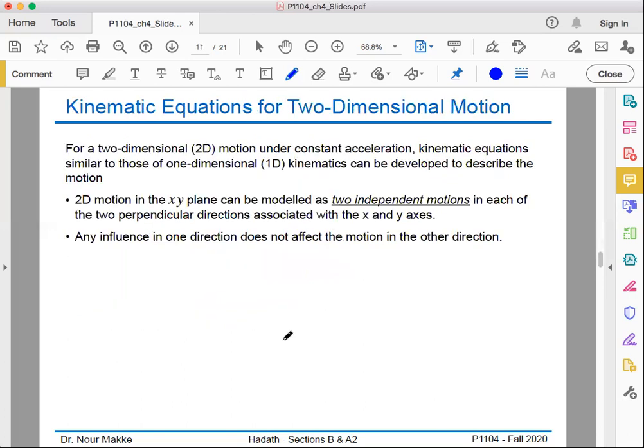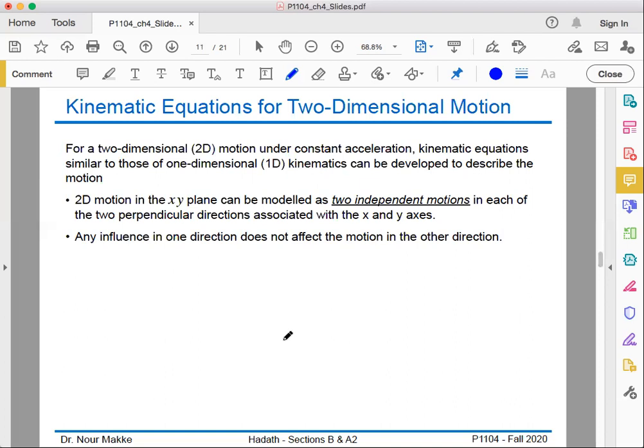So let's start first with the first application, I would call it. In this application, we will study the motion of a given particle in 2 dimensions under constant acceleration. So we have seen this case in the 1-dimensional motion, and we have actually derived all the kinematic equations that describe the motion.